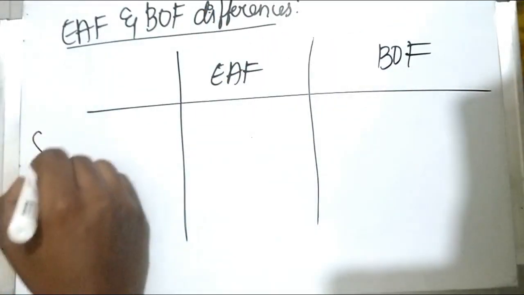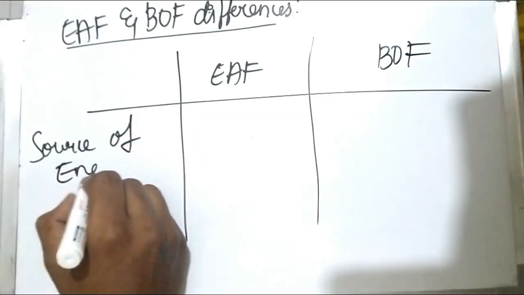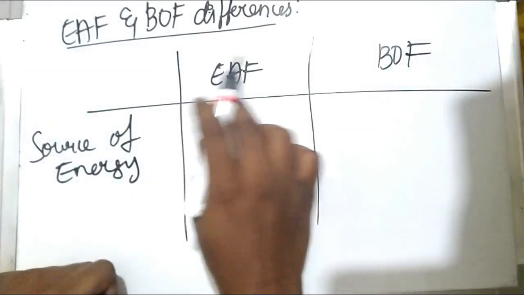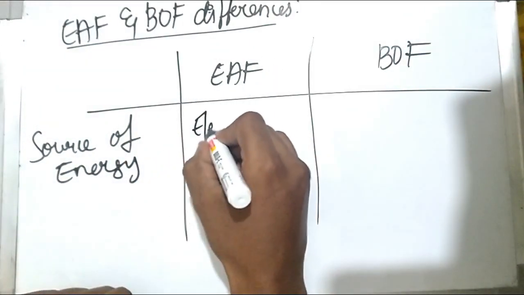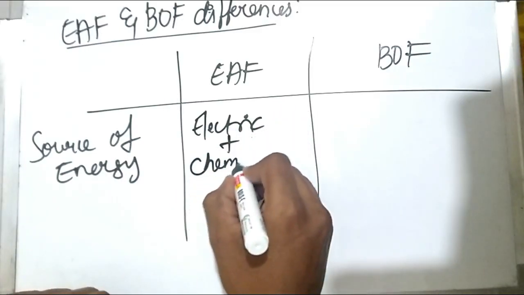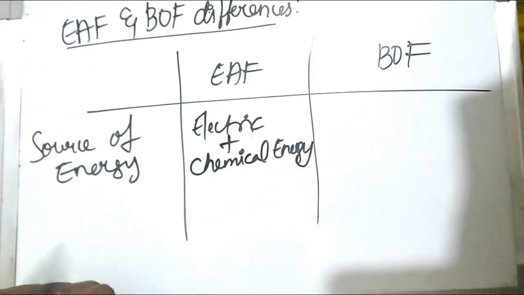So if you see here, the first difference is the source of energy. As we have already discussed, in EAF it is electrical energy plus chemical energy.